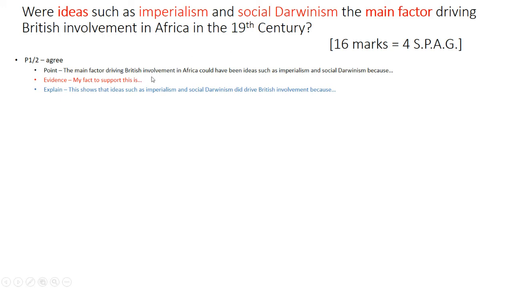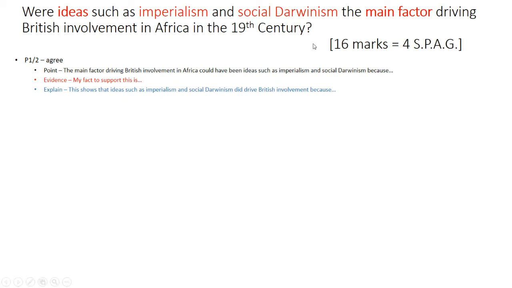Give evidence about how they drove the British involvement, and then explain why that shows that they drove British involvement. If you want to, pause the video now and do your first paragraph. If not, I'll show you the other paragraphs.